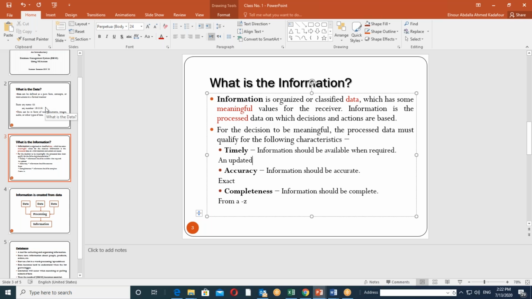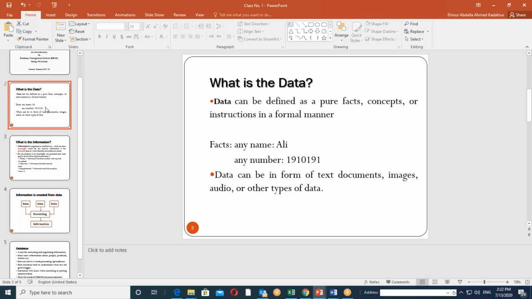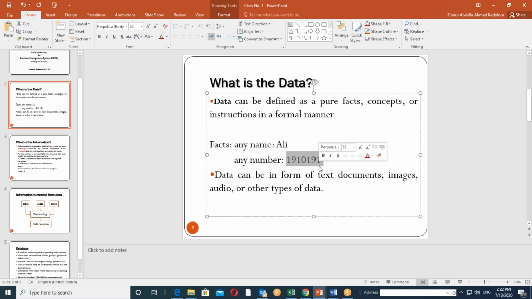If I go back to the terms of data, the data is a pure fact, the data is a concept, the data is an instruction. There is a name, it is a fact. There is a number, it is a fact. So I want to process this data into a form of information.